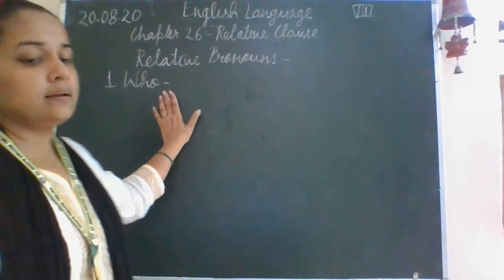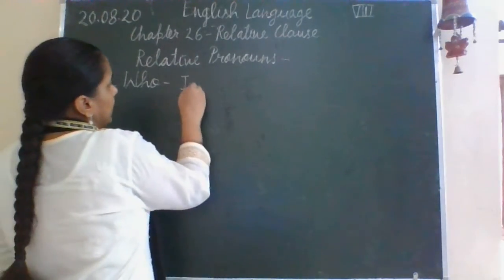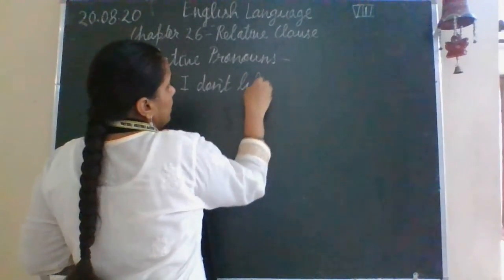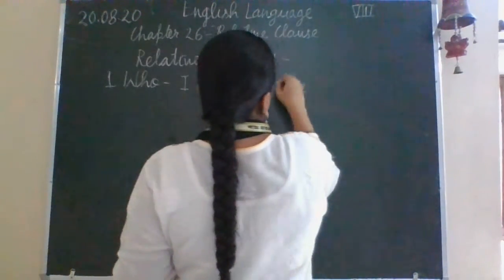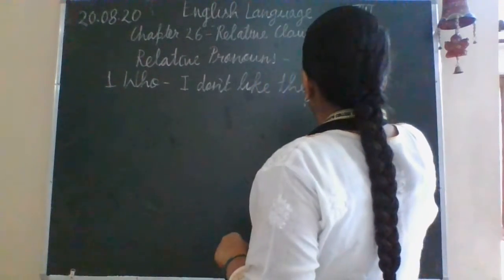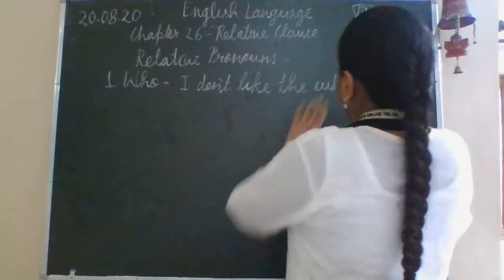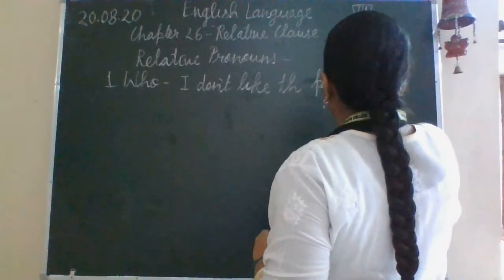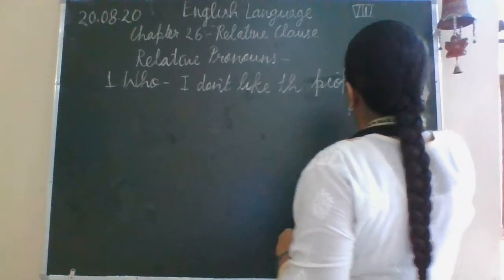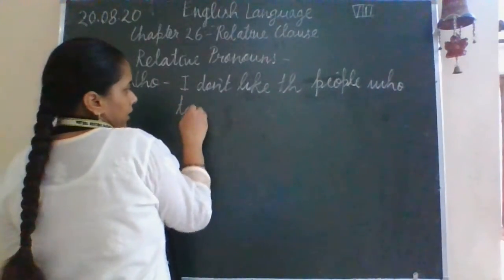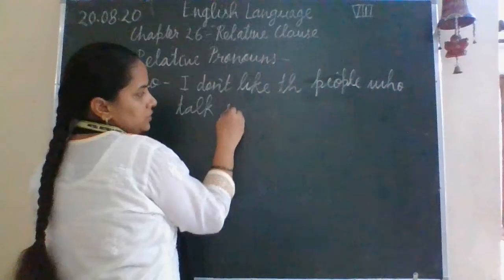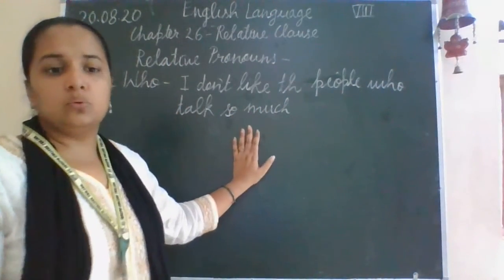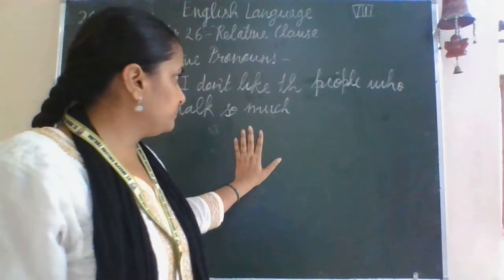For example, you can say, I don't like the people who talk so much. I don't like the people who talk so much.